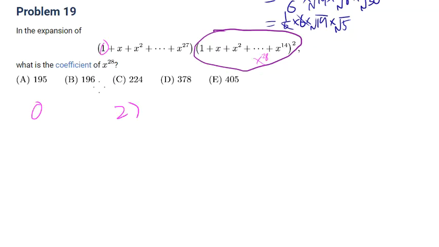We get something like this with a coefficient. Now, obviously, all of this just has a coefficient of 1, so we only need to worry about the coefficients in here. Also, you notice that when we square this, none of the exponents would get past 28.